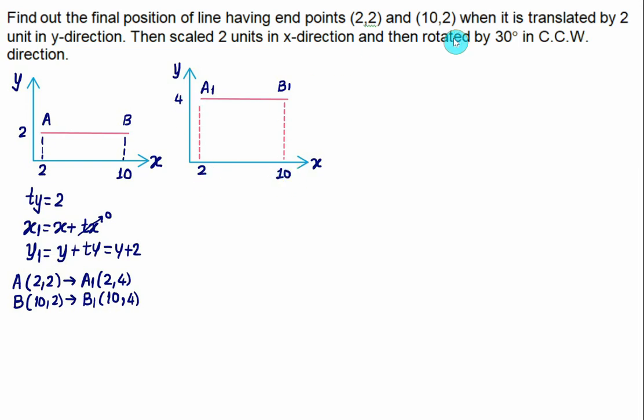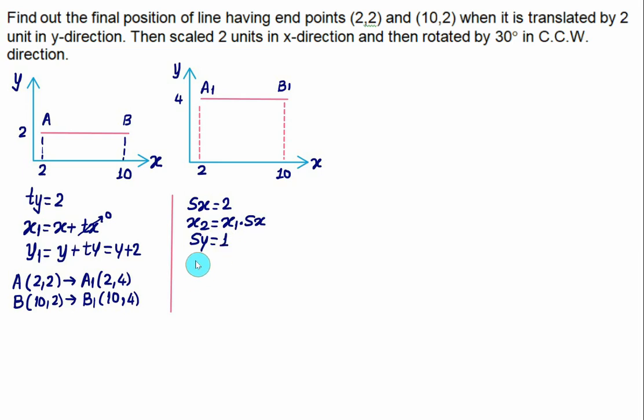In the second step, we have to do the scaling, 2 units in the x direction, and Sy equal to 1 unit. So we have Sx given as 2 units. It means that x2 is equal to x1 multiplied by Sx. And Sy is not given, so you have to take the value of Sy equal to 1.